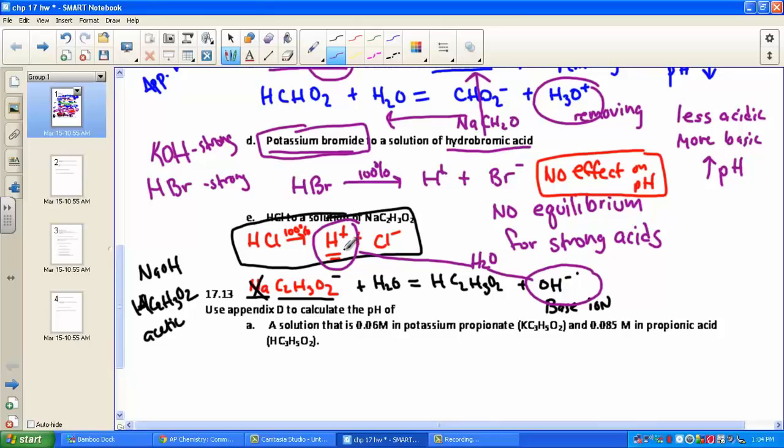By adding the acetate, we're actually removing hydrogen from the hydrochloric acid. It's a competing reaction, isn't it? Not necessarily a common ion, but more considering a competing reaction. H plus is being removed, therefore, ultimately, this solution is becoming less acidic. You could think of that as saying more basic, or increasing pH towards the base range.